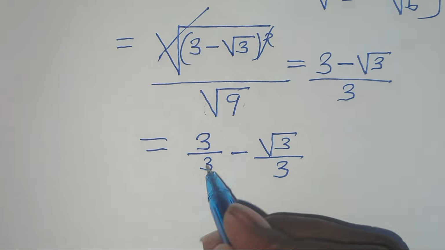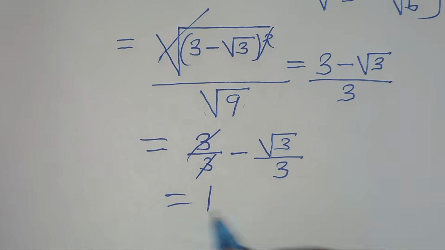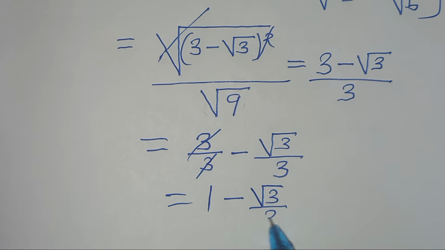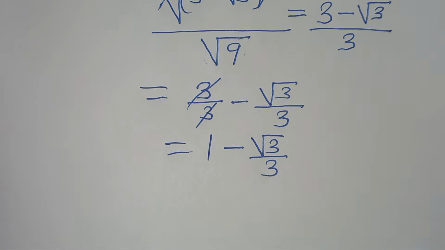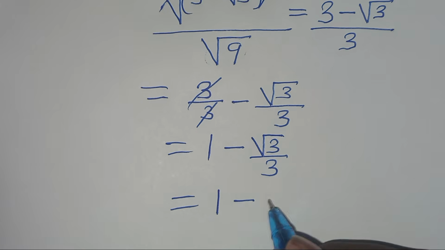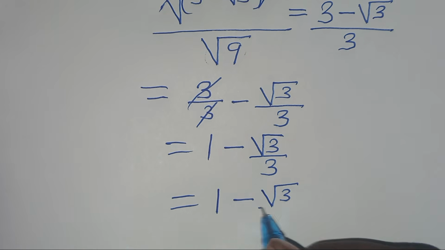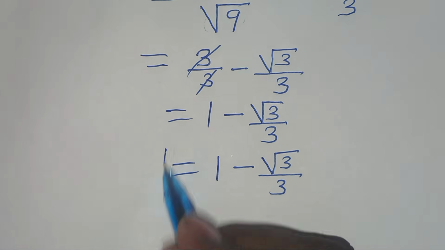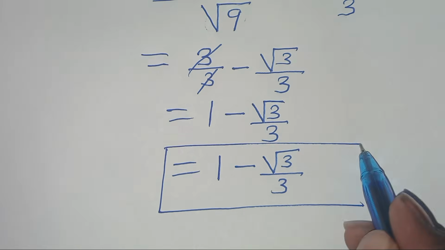So we have 3 over 3. This is the same thing as 1 subtract square root of 3 over 3. So this means that we have 1 minus square root of 3 over 3. And this is the solution to this square root math problem.